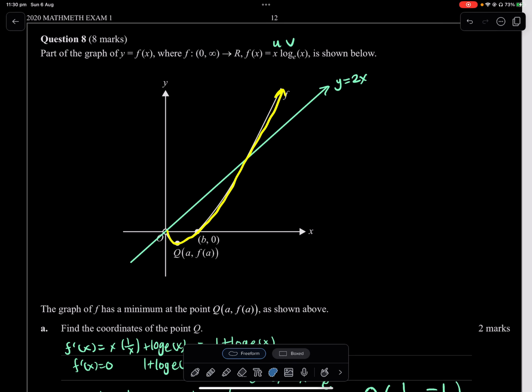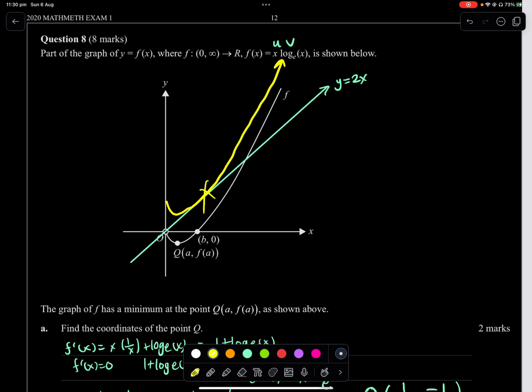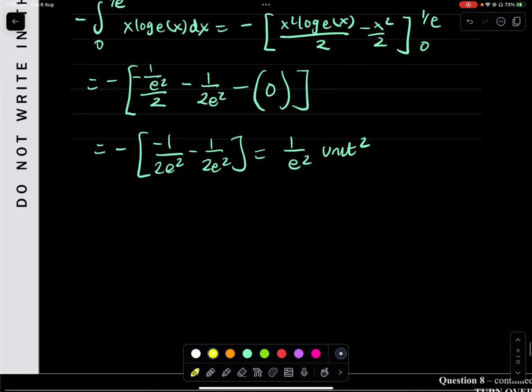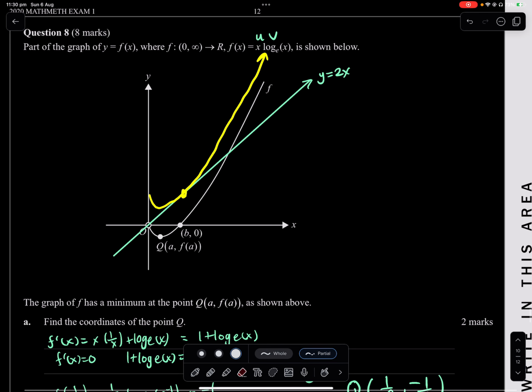So what translation makes the graph have a tangent? If we go up, some translation up, at some point over here it will have a point of intersection. If it has a point of intersection at that point, it means it will become its tangent. y equals 2x. Okay, how am I going to find k?